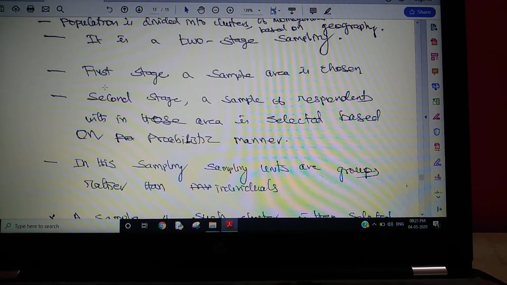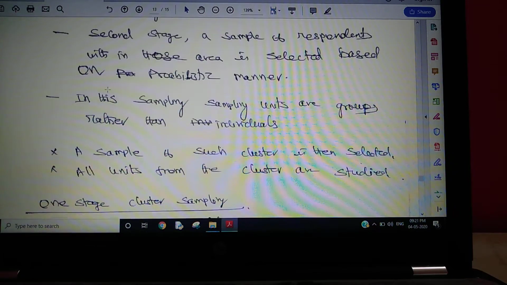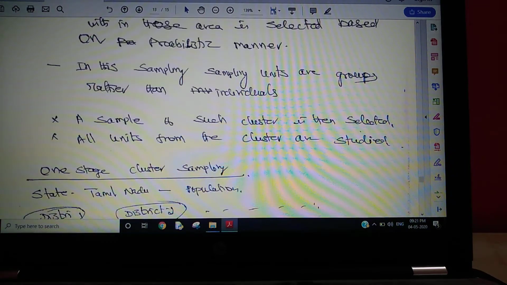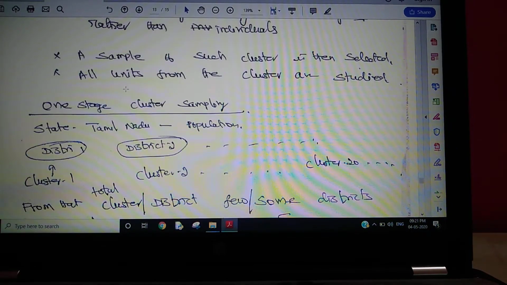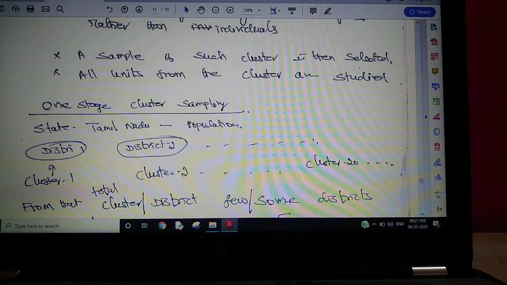In this, the sampling units are groups rather than individuals. A sample of such clusters is selected, then all units from that cluster, or some probabilistic method is used within that cluster. Okay, so here with an example we'll see. One stage cluster sampling.